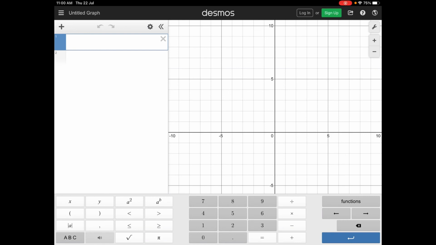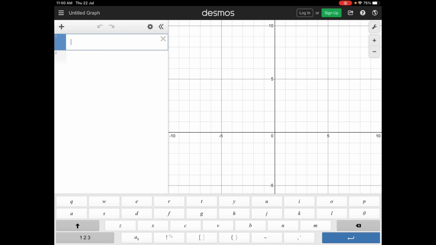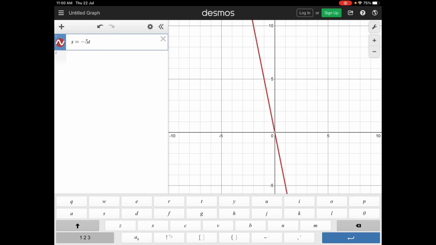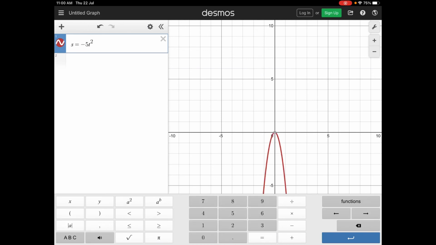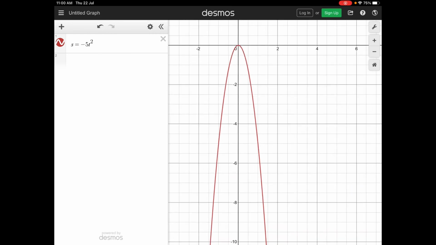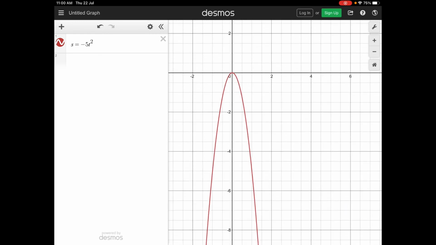Displacement is equal to minus 5, with respect to time squared. I'm going to zoom in a little bit. This is the displacement function for the ball that we have come up with.